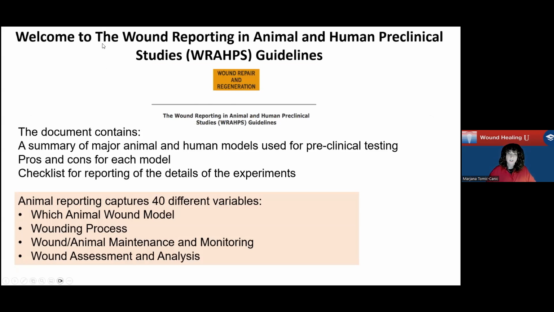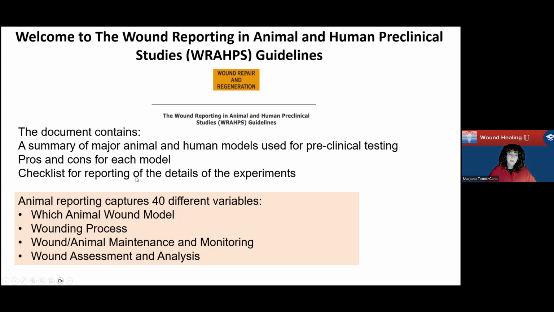The acronym is RAPS, which stands for Wound Reporting in Animal and Human Preclinical Studies, or RAPS guidelines. This document contains a summary of major animal and human models used for preclinical testing, discussion of both pros and cons for each model, and importantly, a checklist for reporting the details of the experiment.